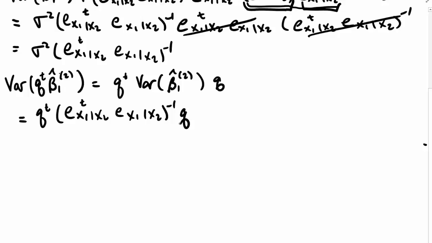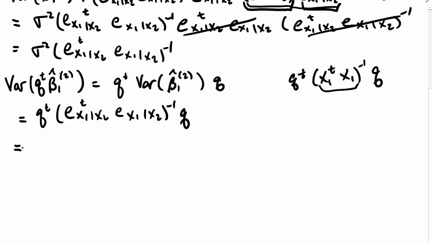It is interesting to note that if we include X2 in the model, we get that same variance, we just have removed all the linear associations with X2. So this variance would be Q transpose X1 transpose X1 inverse Q, and it gets replaced with basically the same variance, but with all the linear association with X2 removed. I find that very pleasant.